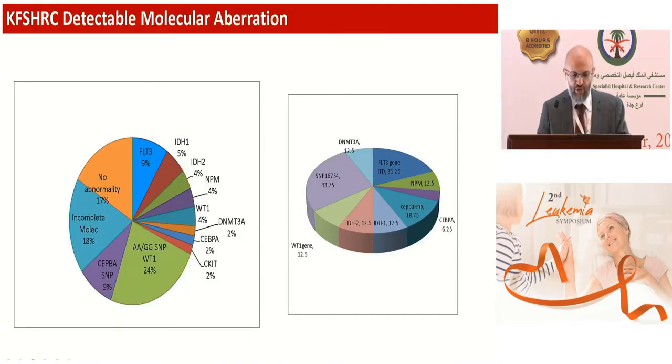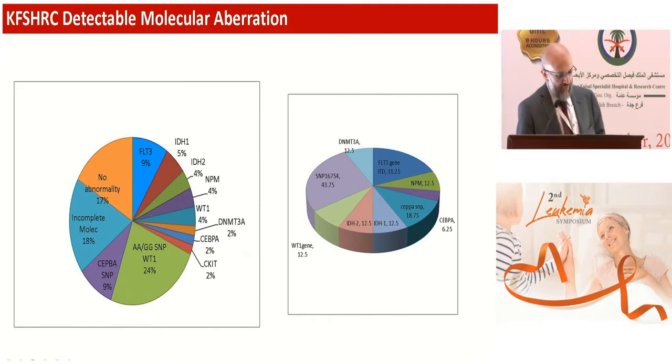This is just an overview of the detectable molecular aberrations from our cohort from King Faisal in Riyadh. And this is just looking at the molecular abnormalities. So we do a standard profile of the FLT3, NPM1, IDH1, 2.